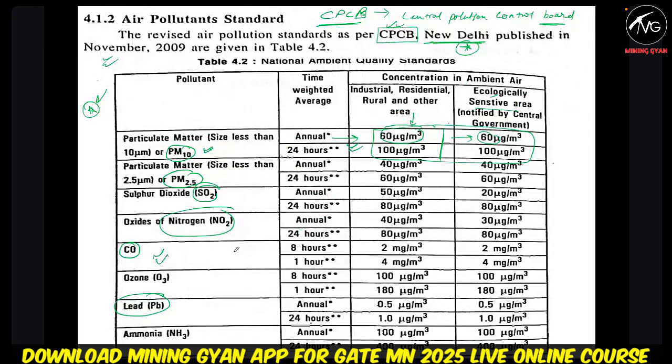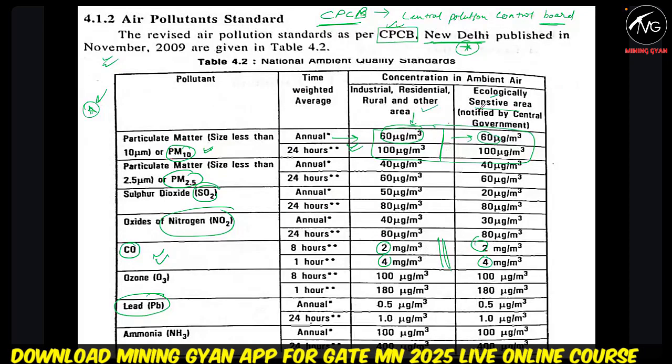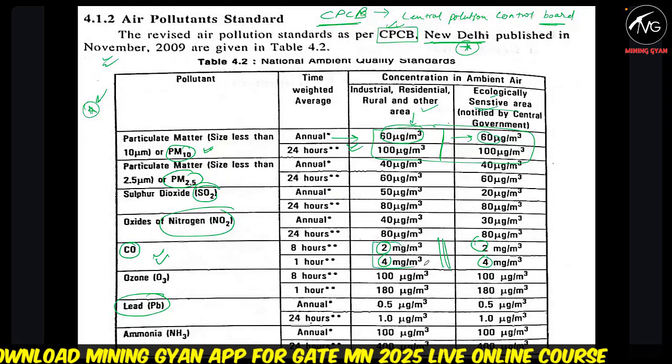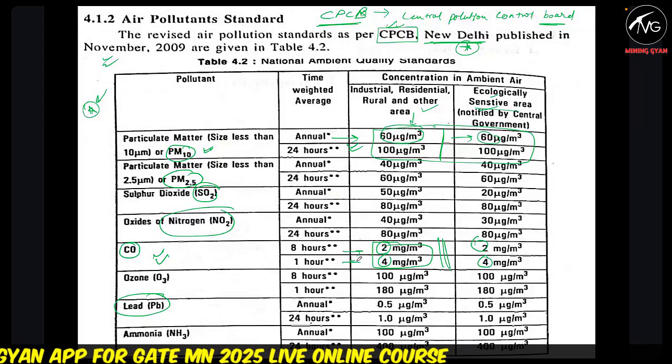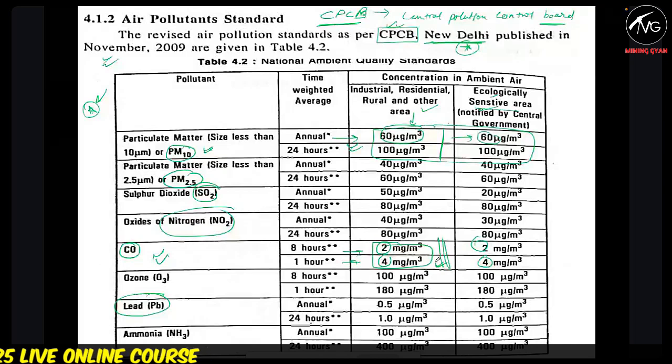Carbon monoxide 2 and 4, 2 and 4. So you don't have to read twice because it is similar for the industrial and ecological. So 2 and 4, 8 hour 2 and 1 hour 4. So for the 1 hour you can go up to 4 microgram per milligram per meter cube.